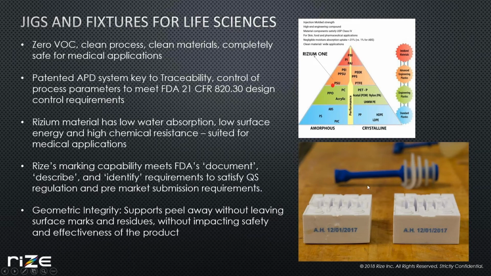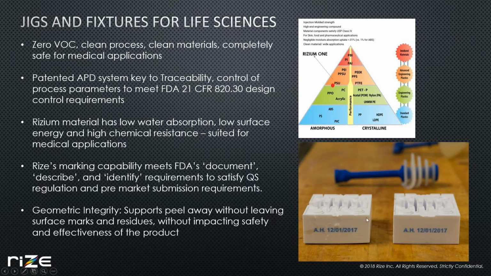And you can see here is an example of our customer ConMed that created molds. You can see this soft material mold that they do here. And you can see the date it was printed. On the other side, there's a part number and all that good stuff. Now, the other nice thing about the Rizium material is it has very low surface energy.